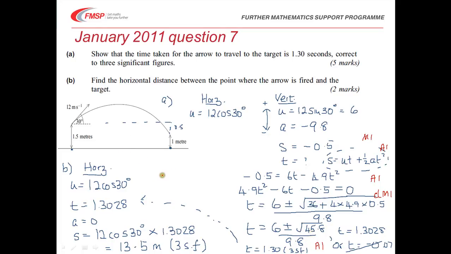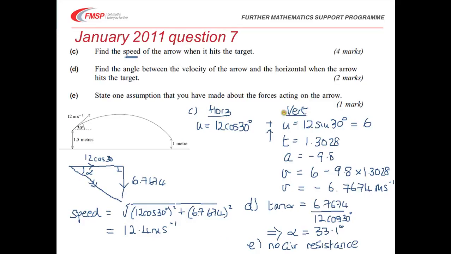There were 2 marks for part B, so basically S equals ut, there was a method mark there, and an accuracy mark for getting 13.5. And we move over to part C, 4 marks altogether for part C. You got a method mark for using v equals u plus at, and an accuracy mark if you did that all correctly.